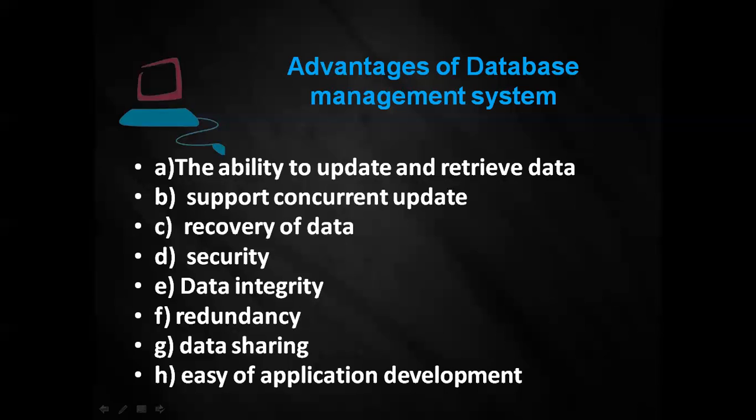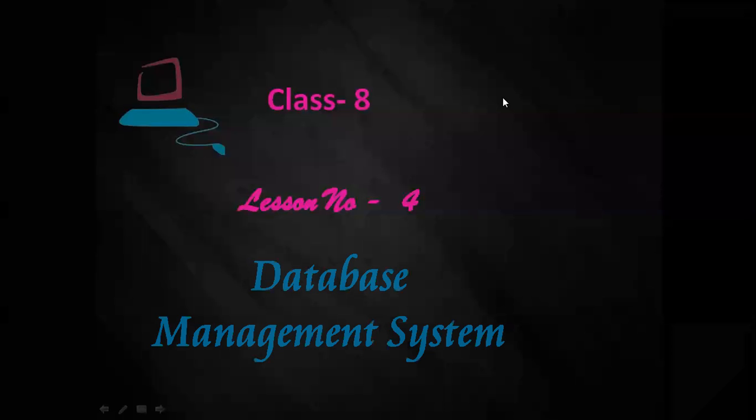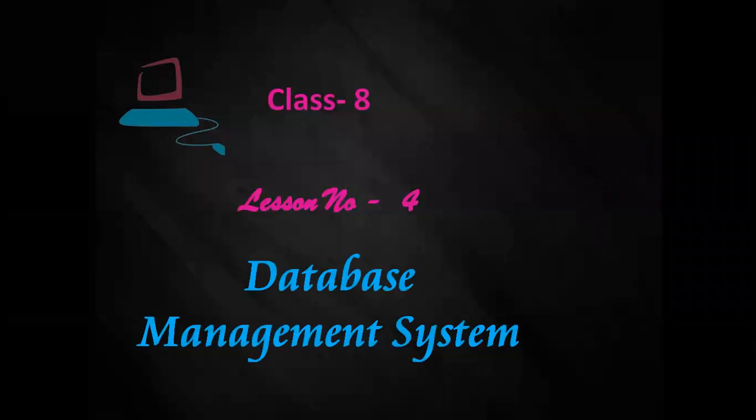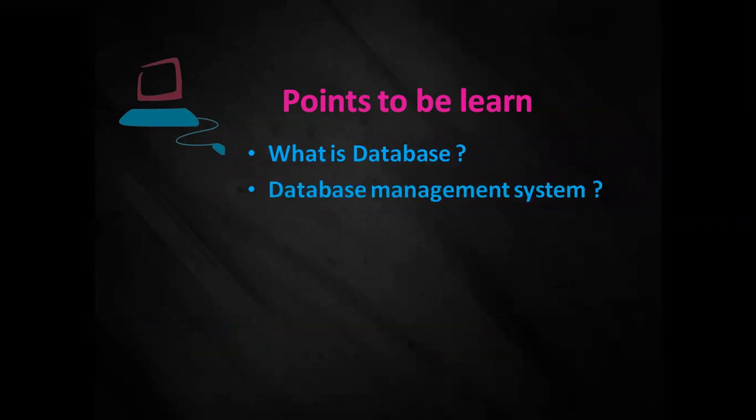So let's have a small recap of what we have learned till now in today's session. We have started to learn lesson number 4, that is database management system. And the points, as we discussed in the beginning, that we are going to learn are what is database, database management system, data models, and types of database.